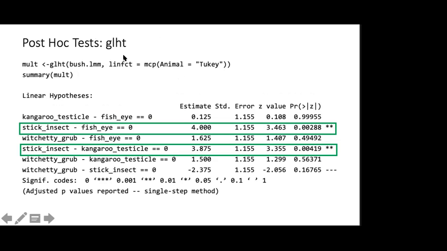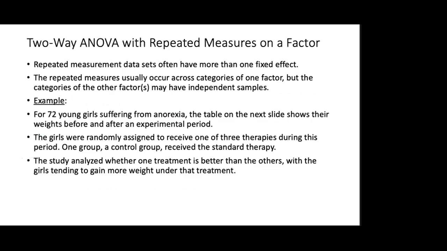To adjust for multiple comparisons, you have this extra function, the linfct function, that you just pass to glht as an extra argument. Okay, alrighty, so this is not that important.